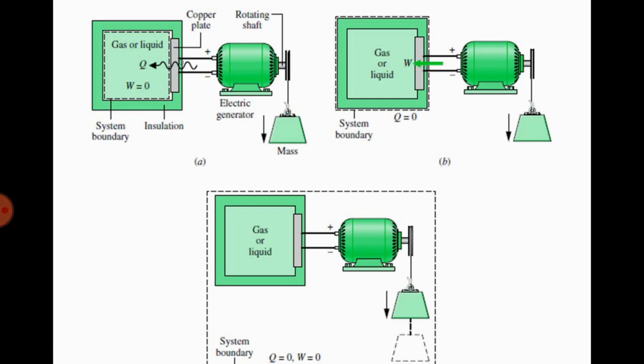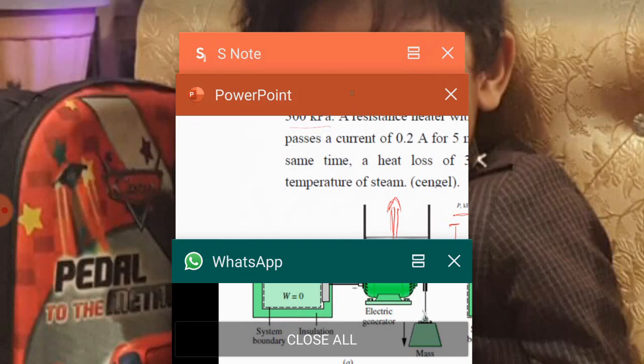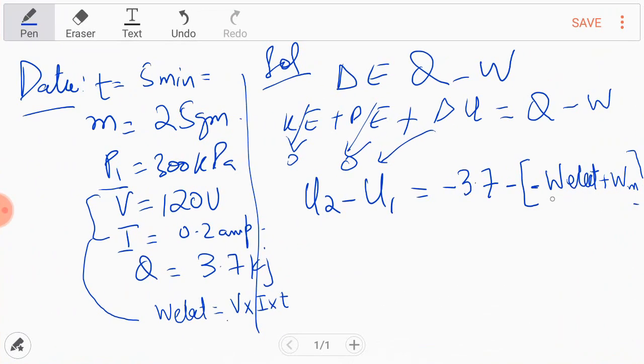It is converting heat in the system. So basically we can write this electrical energy in terms of mechanical, in terms of work in thermodynamics. This picture best explains why we are using this electrical energy in the form of work.